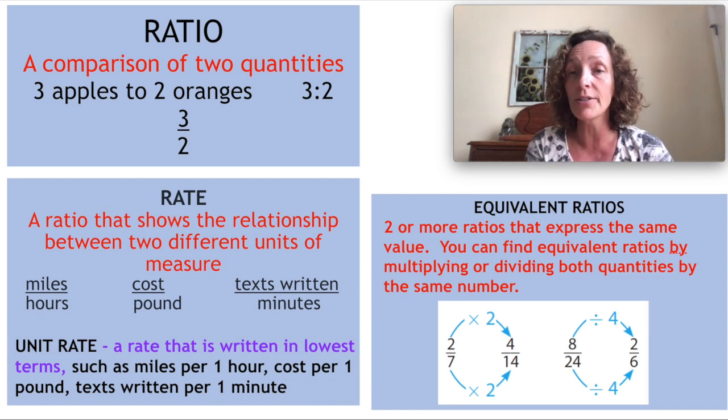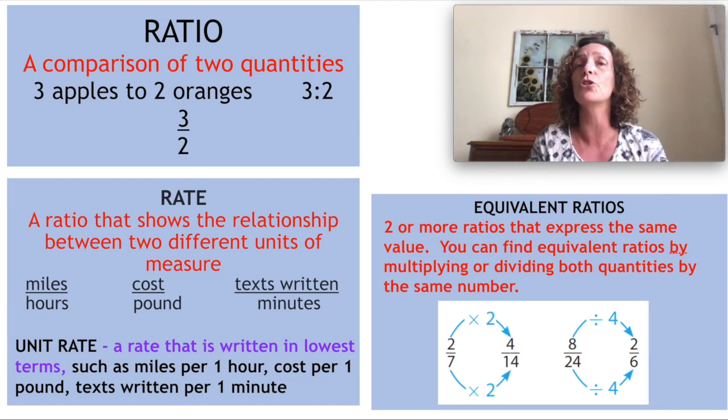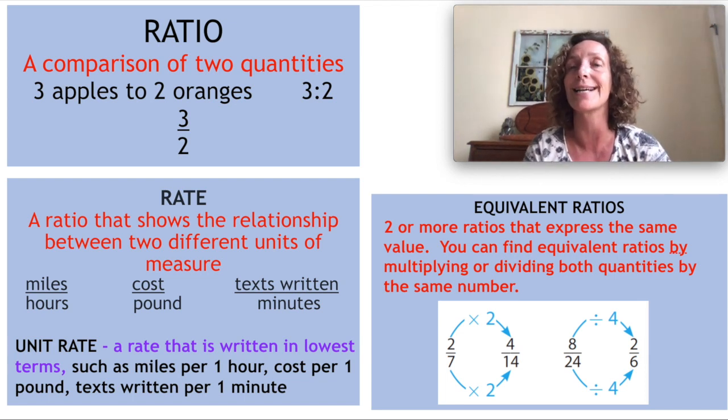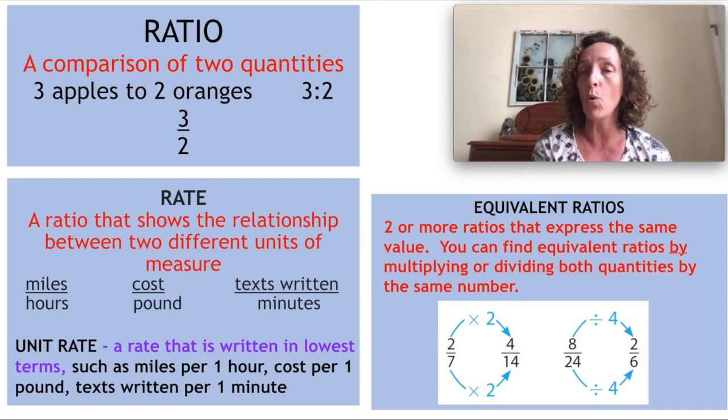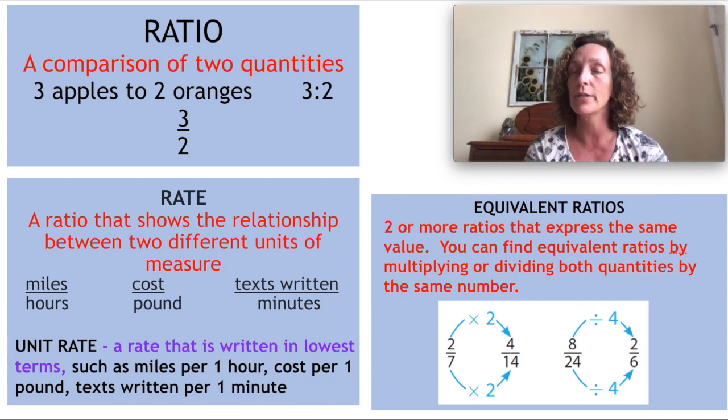We will also need to make sure that we remember and understand what equivalent ratios are. Equivalent ratios are simply 2 or more ratios that express that same value. You can find them by multiplying or dividing both quantities in one ratio by the same number, as you can see in the example at the bottom of your screen.